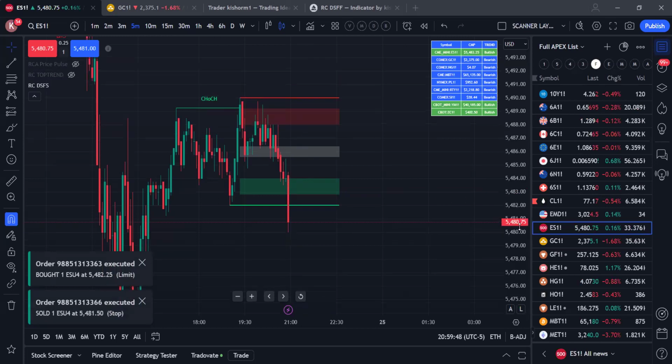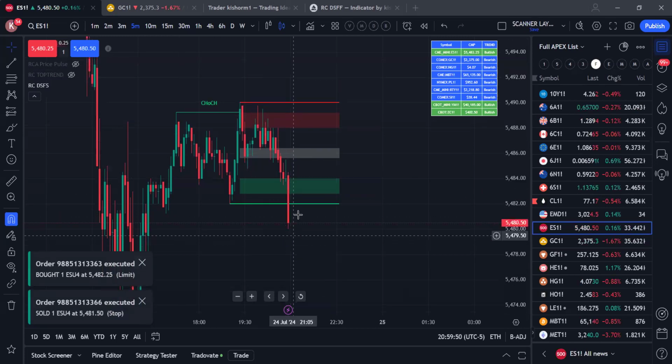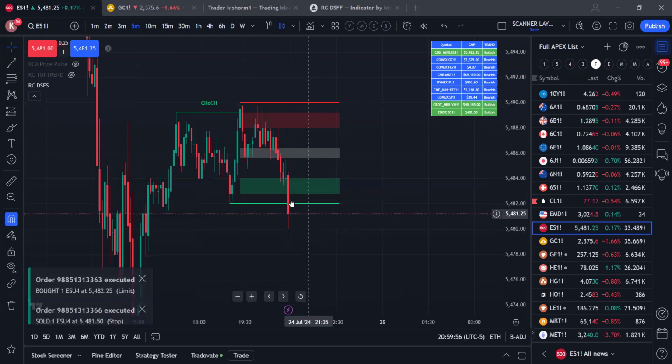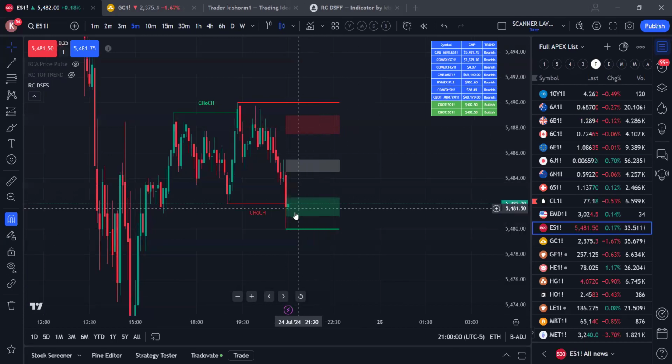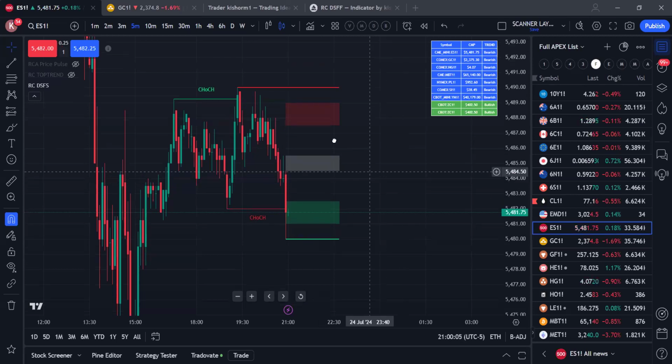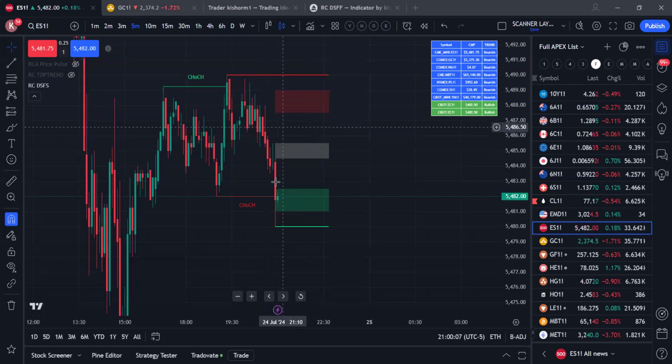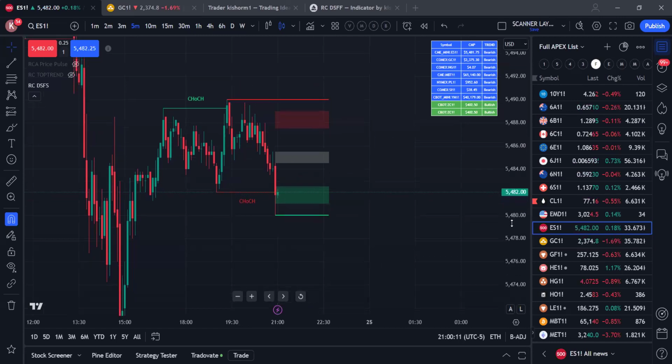Okay. So it hit the stop loss, right? Maybe it may hit it and it may again bounce back. But minimum, I took a small risk. And if I see a green candle now, let us wait for a green candle. If we see a green candle and if it starts going up, we can enter again.